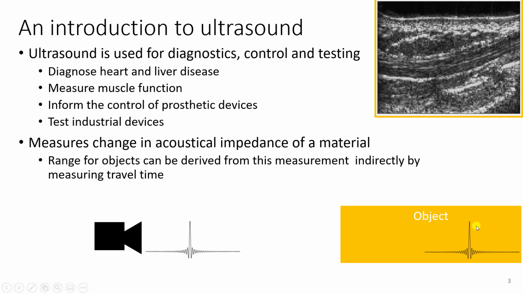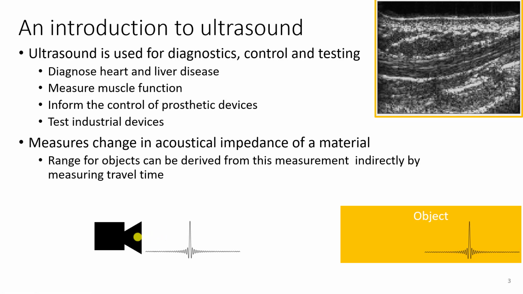And also, if this pulse then strikes another object that has a different acoustical impedance than this object, a second pair of pulses will be generated, and then we can find out the distance of that second object based on the time it takes for the reflected impulse to travel back through the materials and then be received by the transducer.